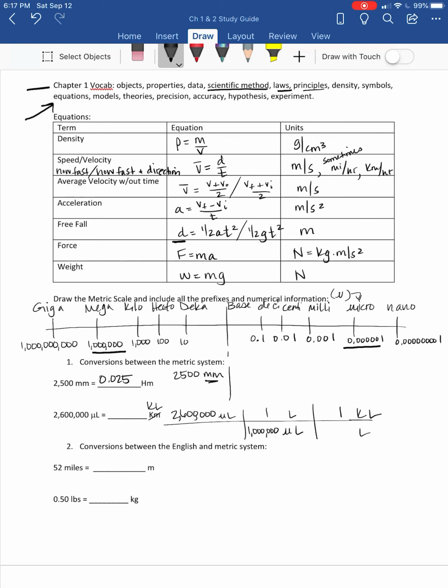So kiloliter is bigger, it gets a 1. How many liters does it take? It takes 1,000. All right, so now type in on your calculator 2,600,000 divided by a million, and then divided by 1,000, and you get 0.0026.